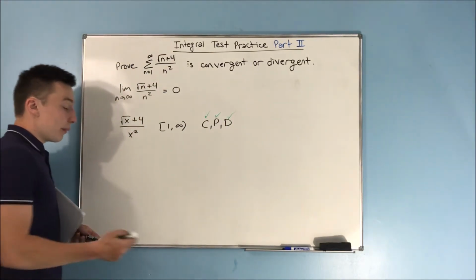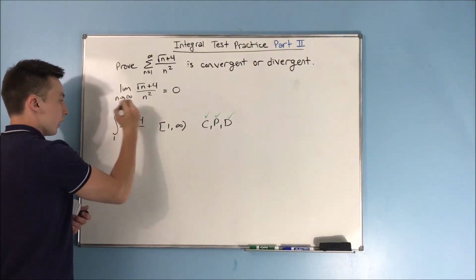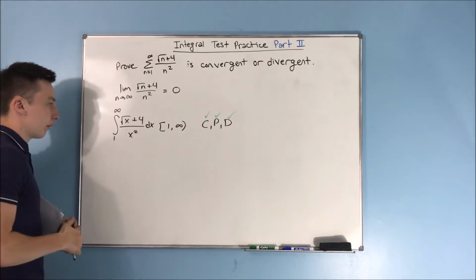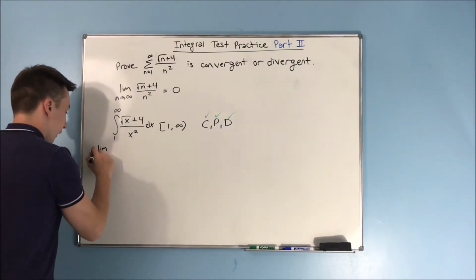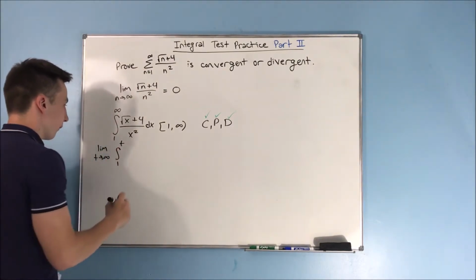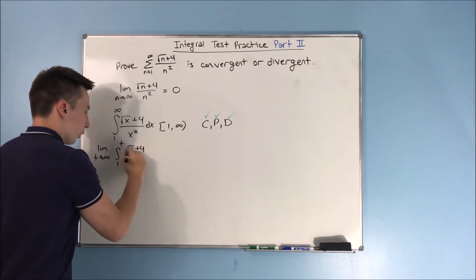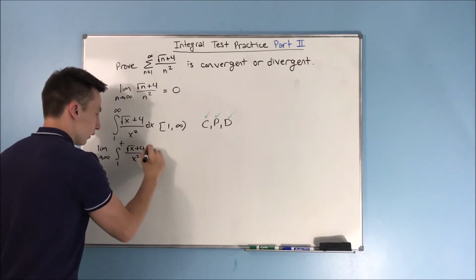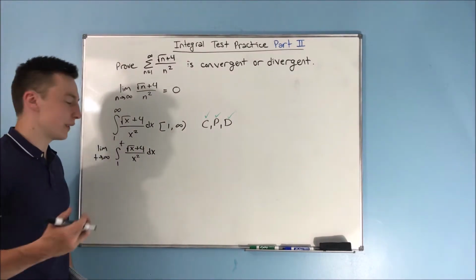All right, so that means that we can actually take our integral from 1 to infinity and put a dx here. Okay, so doing that, we of course need to write our limit notation again. Limit as t approaches infinity, the integral from 1 to t of rad x plus 4 over x squared dx. And you may be wondering, how are you actually supposed to do this integral here?